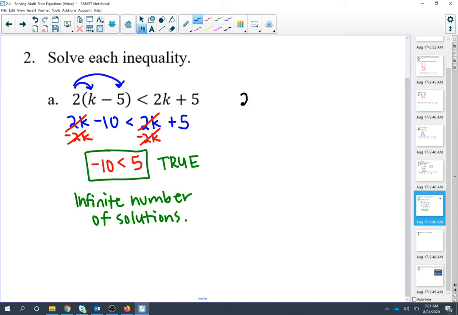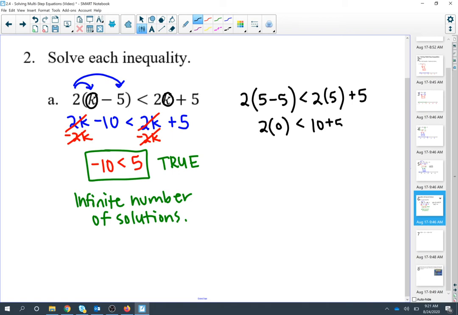So 2 times the quantity, 5 minus 5, is less than 2 times 5 plus 5. So I substituted a 5 here, and I substituted a 5 here. 5 minus 5 is 0, so I have 2 times 0 should be less than 2 times 5, which is 10 plus 5.